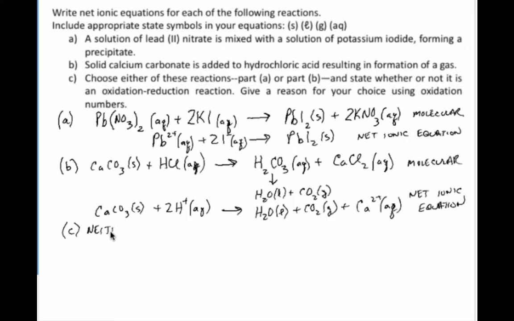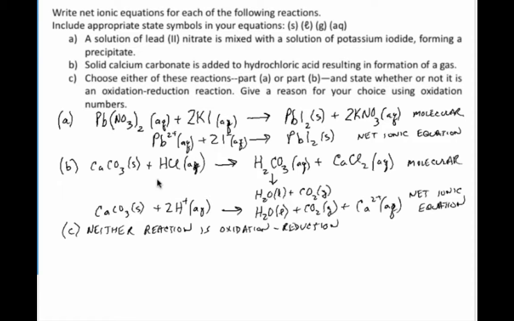Neither reaction is oxidation reduction. The first one is a precipitation reaction. The second one is an acid-base reaction forming a gas. So therefore, neither one of those is an oxidation reduction reaction.